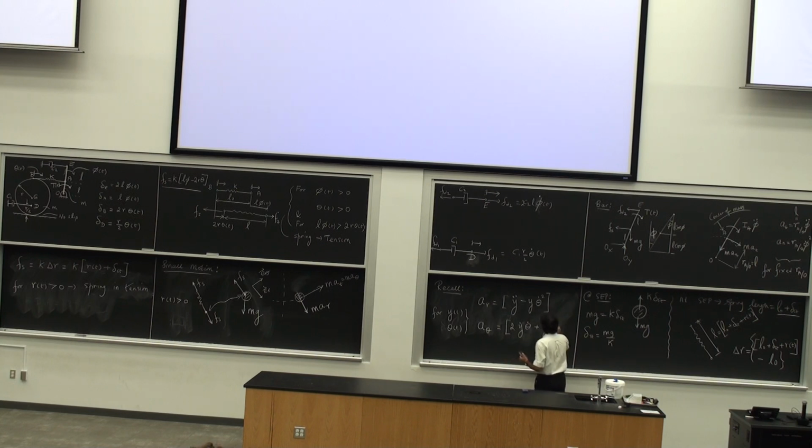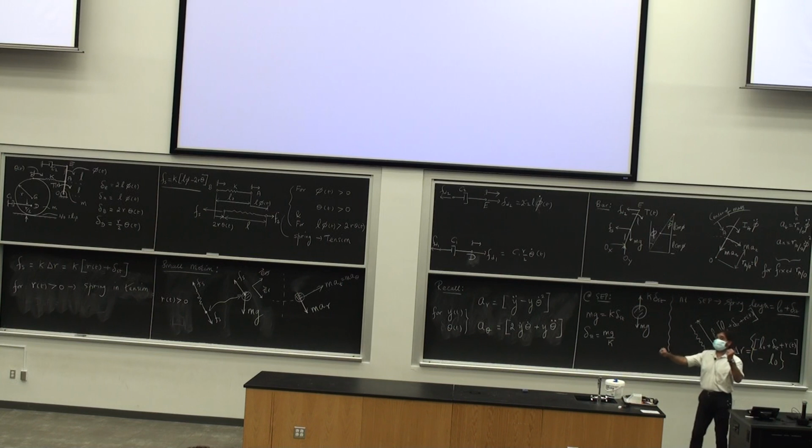Plus y theta double dot. That's your tangential acceleration. Tangential to this pure circular motion, you will have only y times theta double dot. If it is pure circular motion, you will have only y times theta dot squared. What is y in our problem? It is the total length of this spring, or the total distance of the point A, the bob, from the curve.